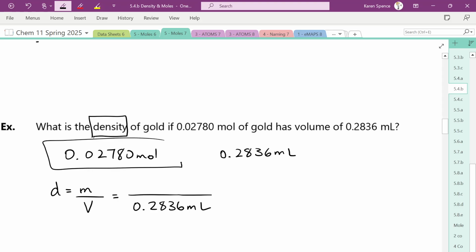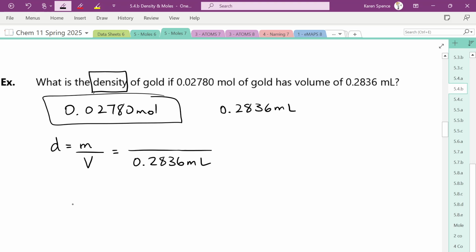Yes. 0.02780 moles of gold times, we want to cancel moles of gold and find grams of gold.